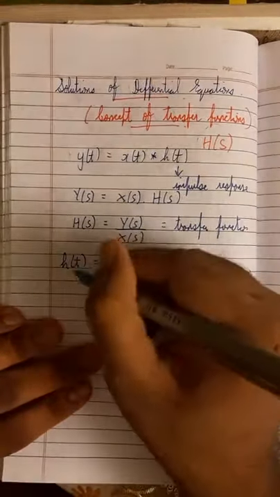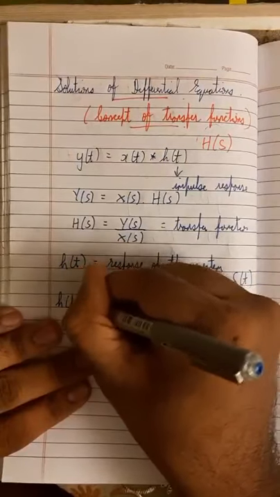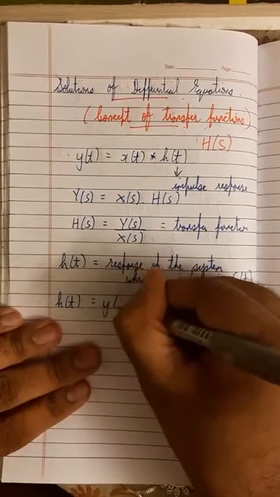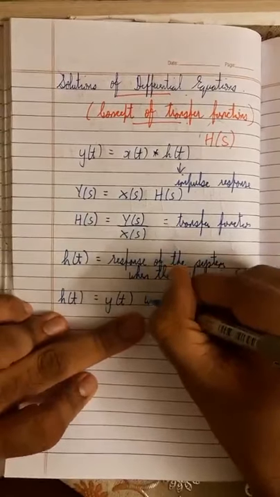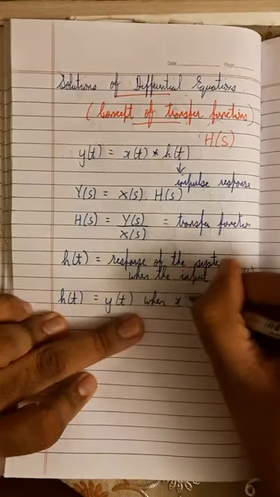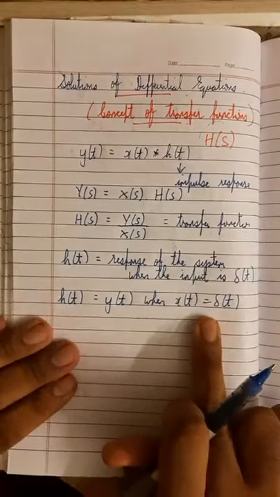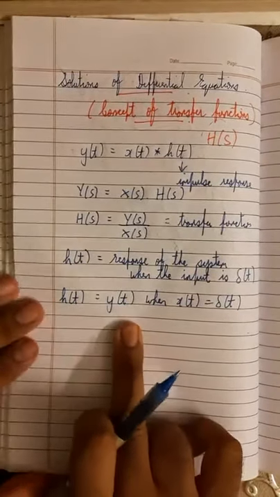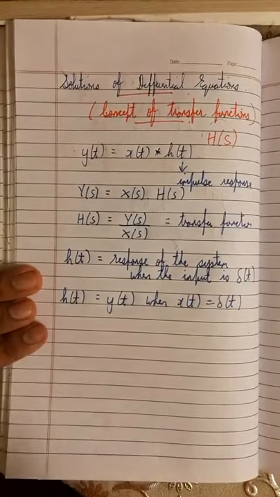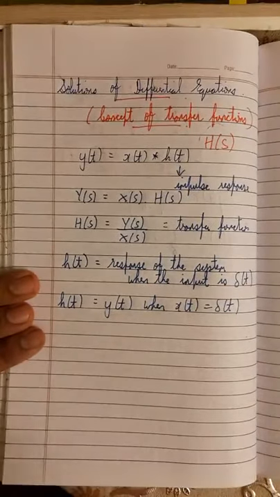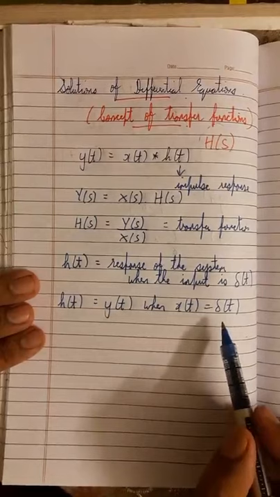Or in other words, I can say that h of t is equal to y of t when x of t is equal to del of t. This is how we actually define the impulse response. That is, it is the output of the system where the input is del of t.